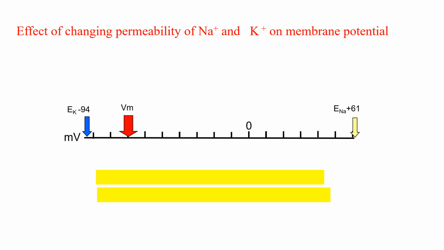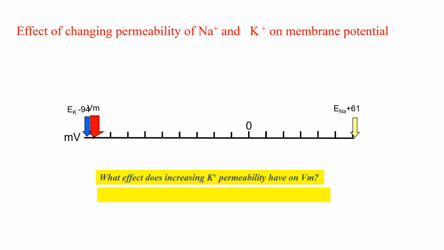This slide shows that if we change the permeability of sodium and potassium, the resting membrane potential will also be altered in that condition because it is selectively permeable to different ions and these influence the resting membrane potential, as we said earlier. So if the potassium has the diffusion potential of -94 millivolt and if the permeability of the potassium is increased, then resting membrane potential will move closer to that of the potassium.